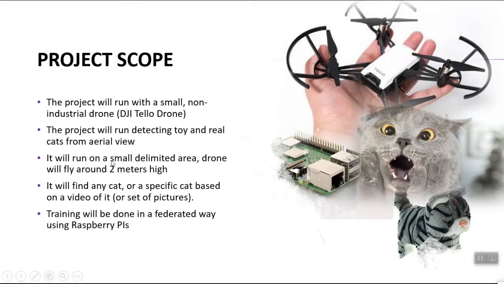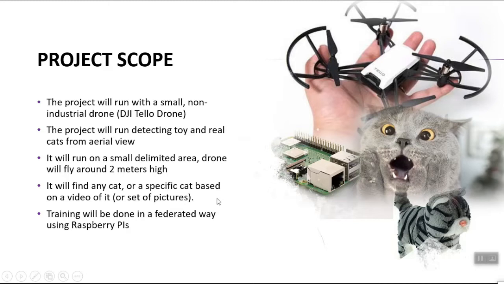Then it will run in a small delimited area. The drone will fly around 2 meters high, due to the limitations of the drone and the scope of the project, and the time for it was basically 2 weeks. It's going to be in a small area, and not very high. It will find any cat or a specific cat based on a video feed or a set of pictures.